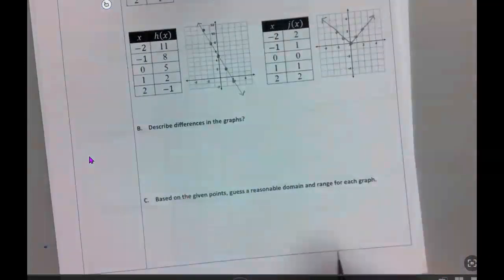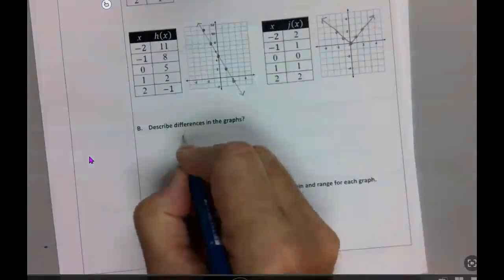Now let's talk about the differences. Describe the differences in the graph. Well, I think they all have different shape, don't they? Correct? Different shape.